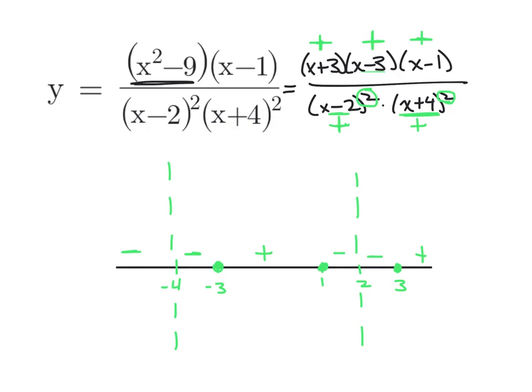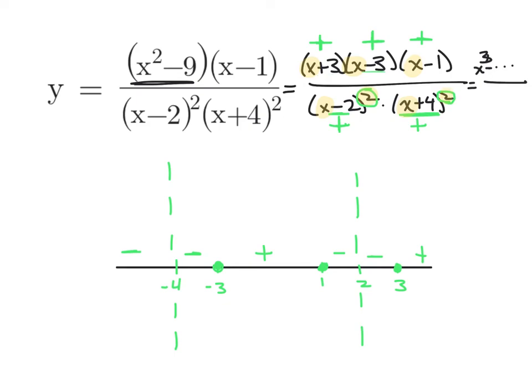We need to check the degree of the numerator and the denominator. And if we look in the numerator, we're going to have an x times an x times an x. That means that the degree of that is going to be 3. It'll be x to the third plus some. In the denominator, we got an x squared right here and another x squared.